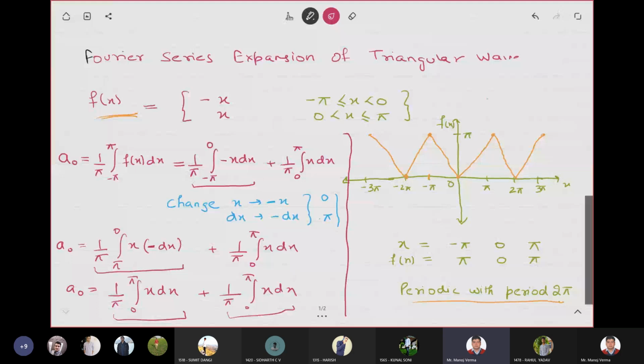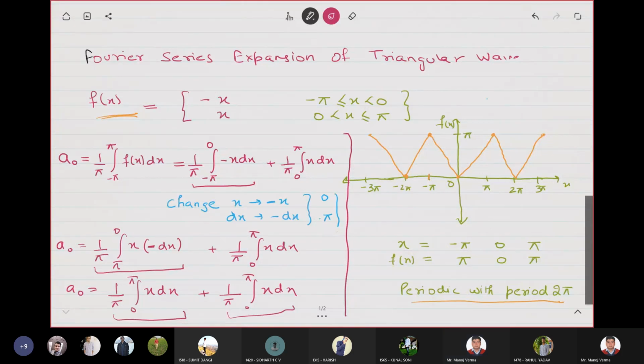You cannot directly interpret this nature of the function by looking into the arithmetic terms, but from the graph you can see that for negative values of x, from minus pi to 0 and from 0 to pi, the function is attaining the same value.